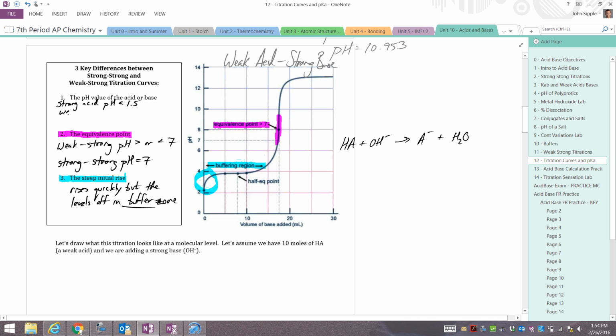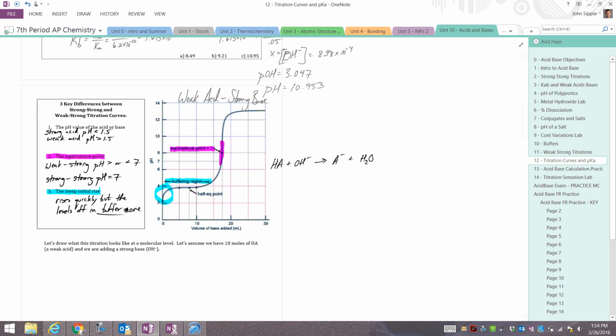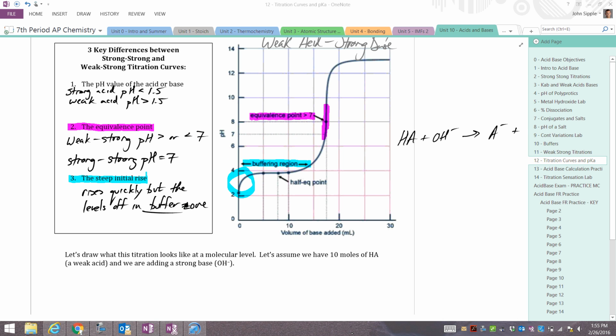If you have a weak acid, the pH more than likely is going to be greater than 1.5. Like we have here in this graph, the initial pH starts above 2, right here. So that can give you an indication of whether you have a weak acid or a strong acid.